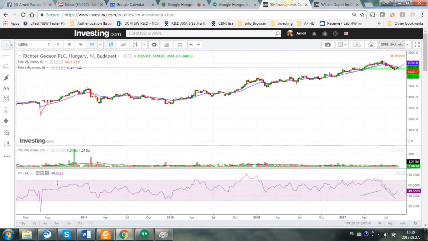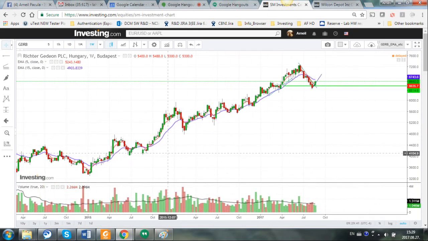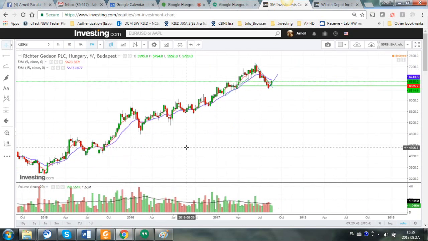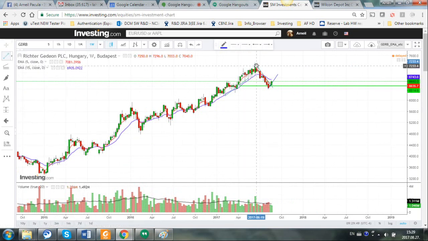Maraming indicators. Kasi ginamitan ko talaga to ng maraming indicators to identify talaga na magtutuloy-tuloy ba yung downtrending. Kasi dito nag-umpisa na mag-downtrend dito. Pero gusto kong ma-identify na magba-bounce back ba at what point magba-bounce back. Kasi ayaw ko ng ganito.